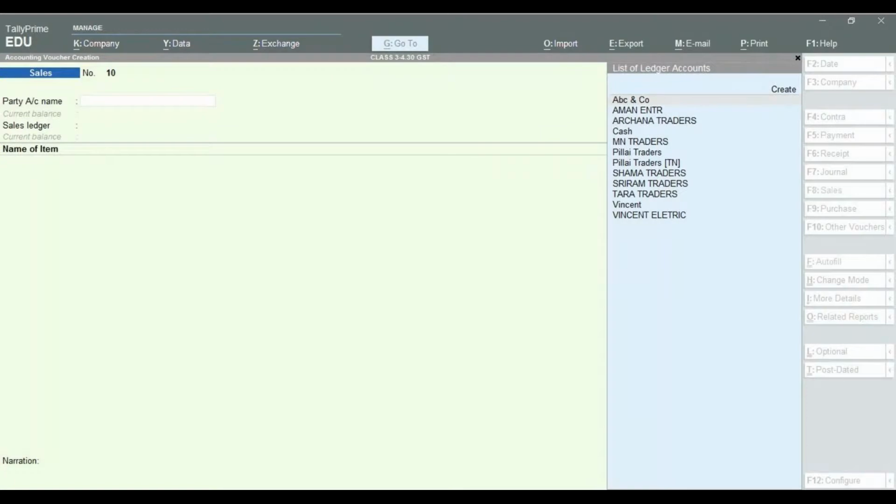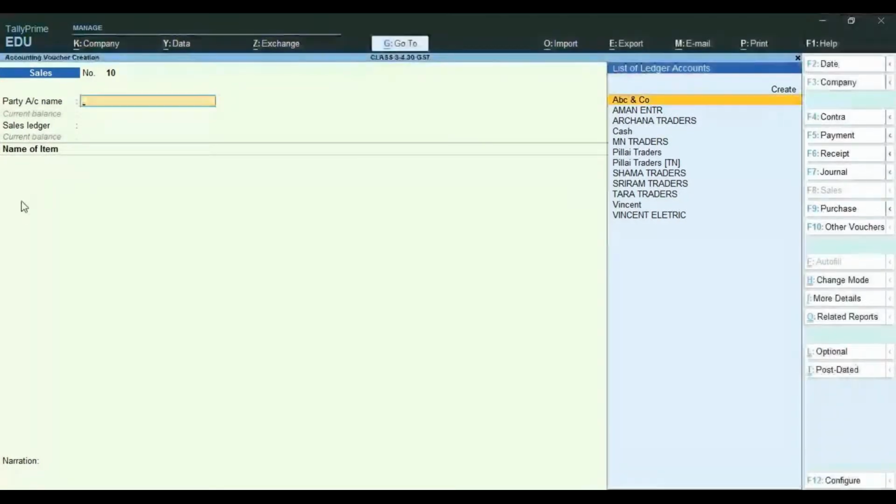Okay. So now what we will be doing is, as I told you, GST supply inclusive of taxes. First, we'll create a trader, or we'll take one of the traders only.